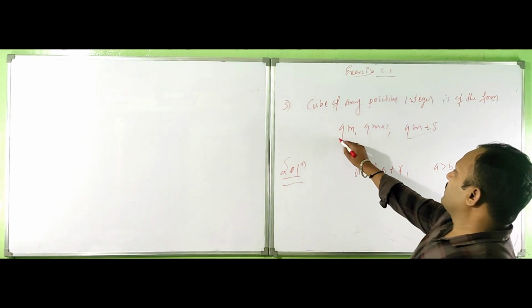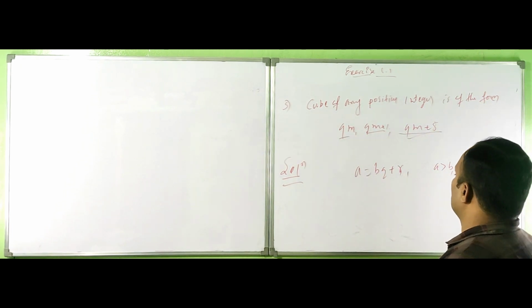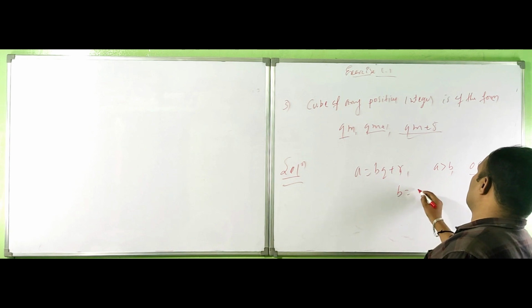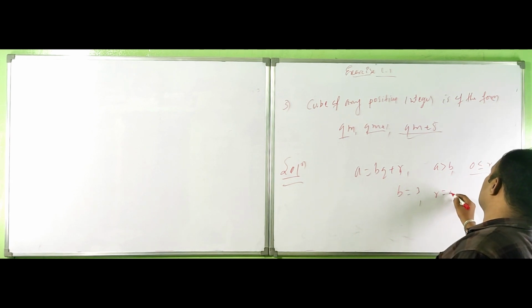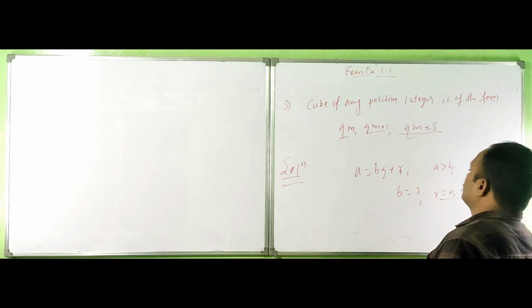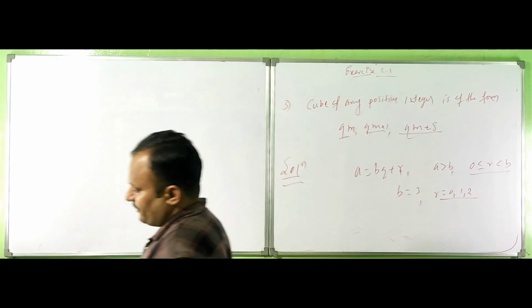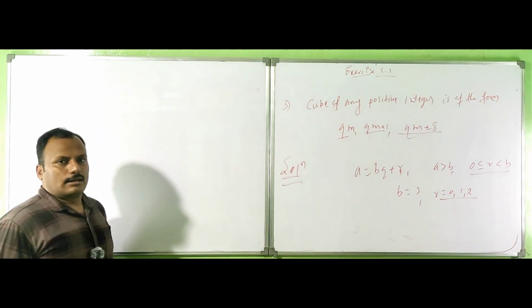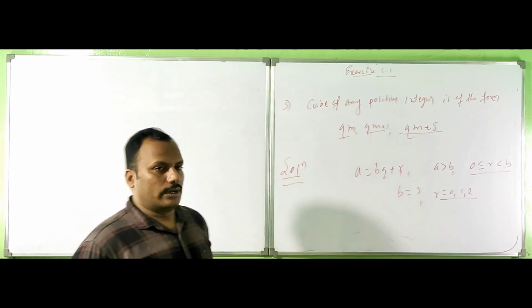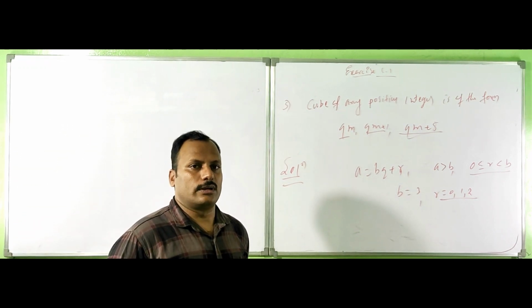Okay, sir, this you can take multiples of 3 now. So I am taking b as 3, then r becomes 0, 1, 2. Right? If we have taken 3, then r becomes 0, 1, 2. Maximum is 0 or 1 or 2.